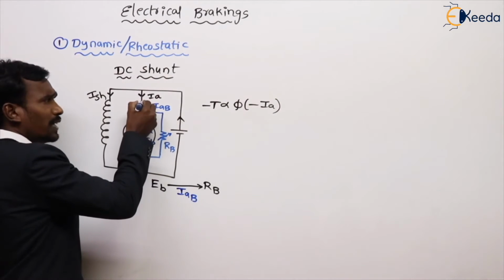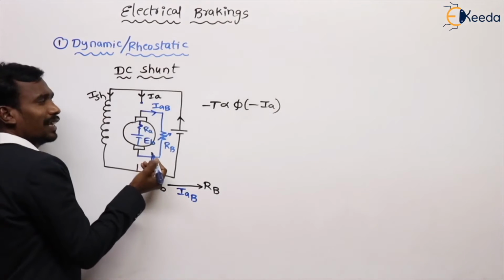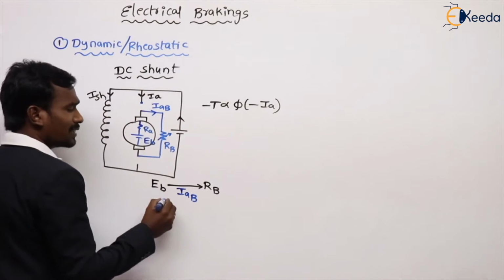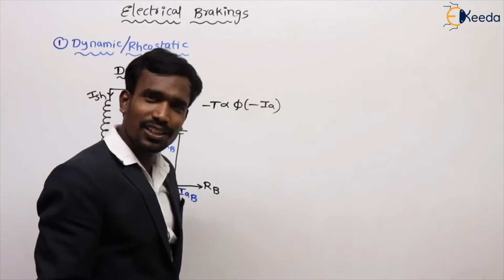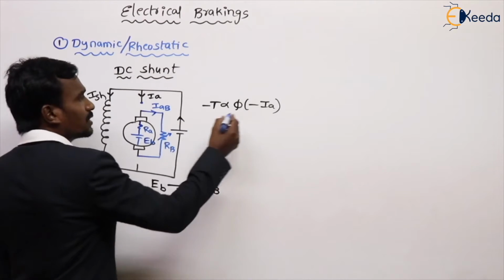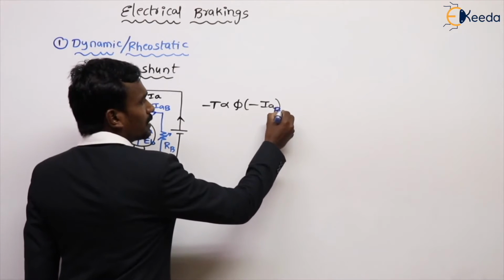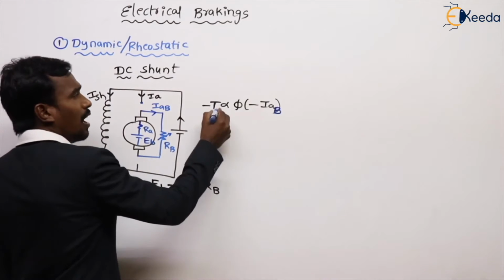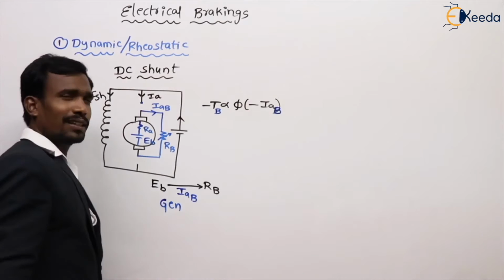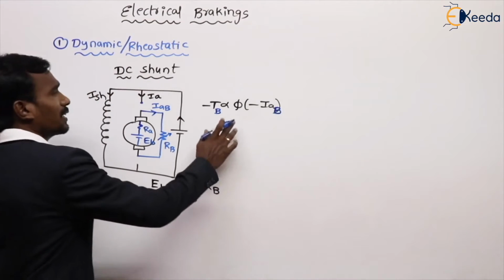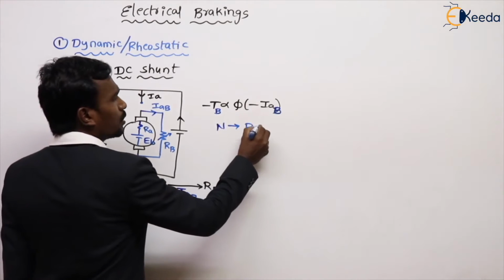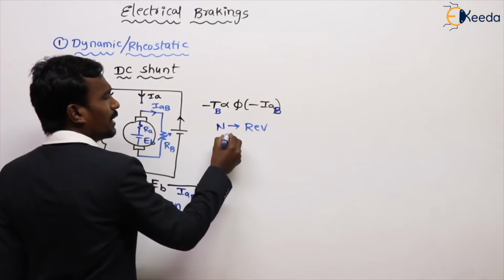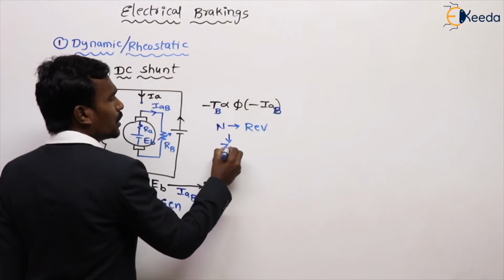Normally the machine should take the armature current, but now it acts as a generator which is delivering the armature current. So the armature current is reversed, that is called the braking armature current, and this is called the braking torque. So the braking torque is reversed, then automatically the speed also reverses and goes to zero.